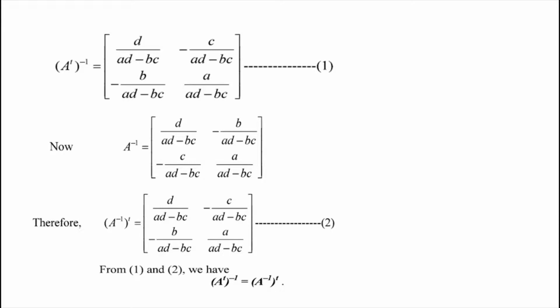Now we know that A inverse can be calculated easily, and when we take its transpose, it's calculated as in equation 2, which is the same as equation 1, and therefore from 1 and 2 we conclude that the inverse of A transpose is equal to the transpose of A inverse.